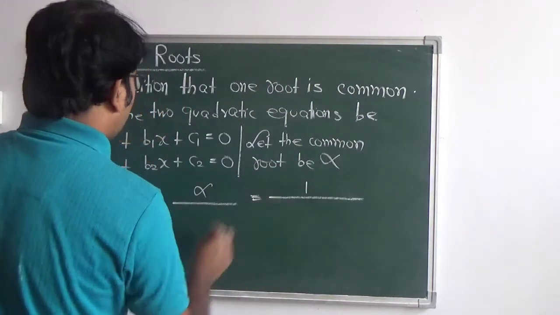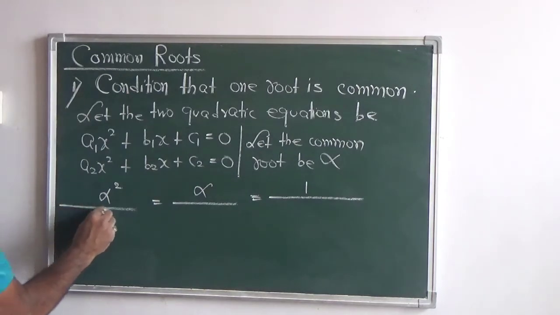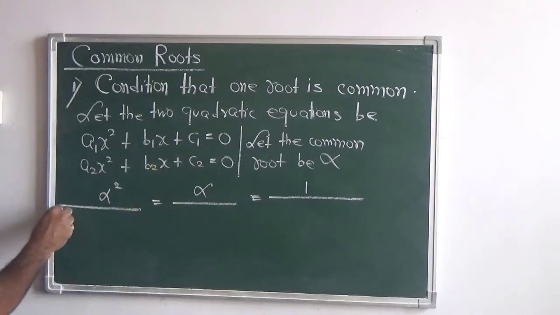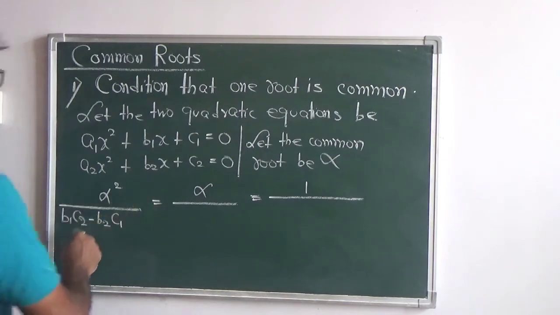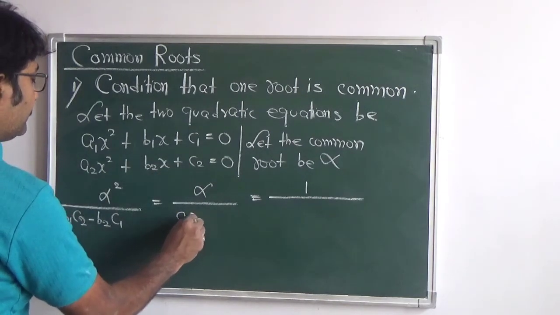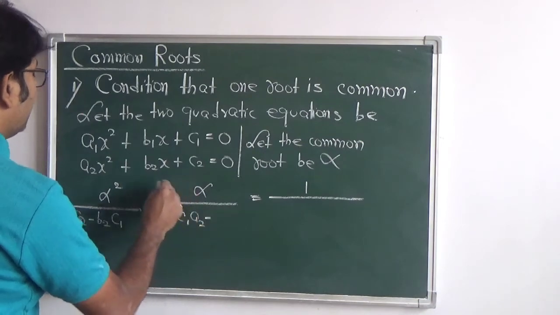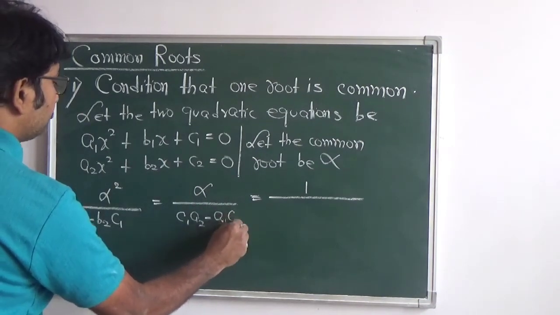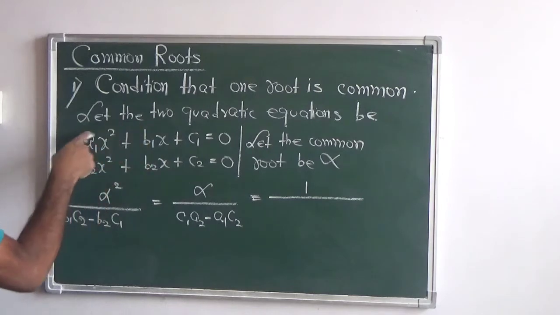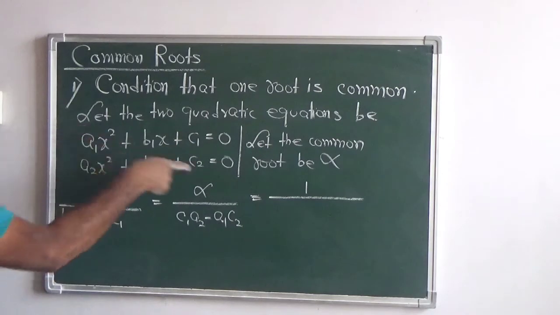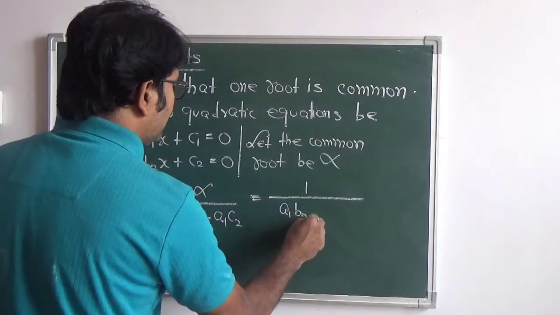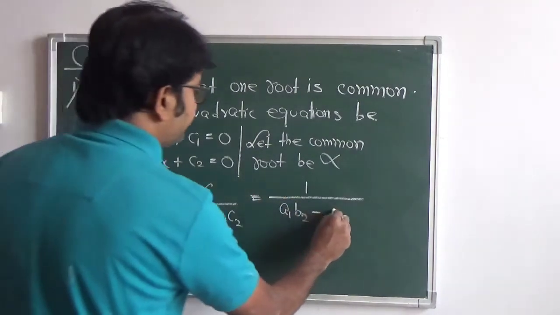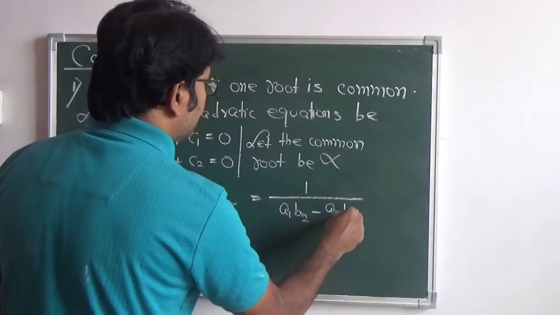we need to solve this. Hopefully you already know this method. So we will be having b1c2 minus b2c1 alpha divided by c1a2 minus a1c2 and 1 divided by a1b2 minus a2b1.